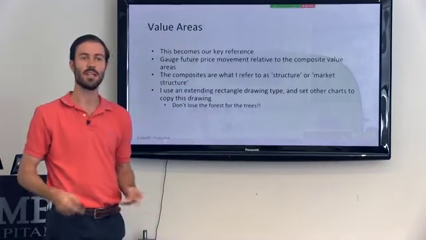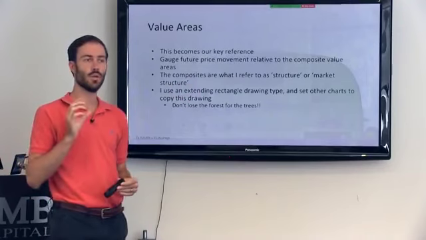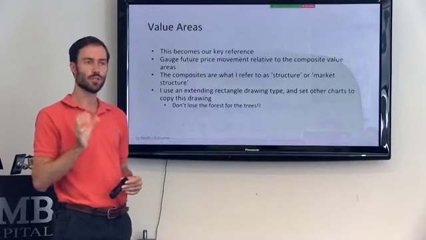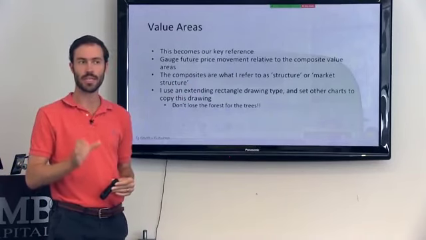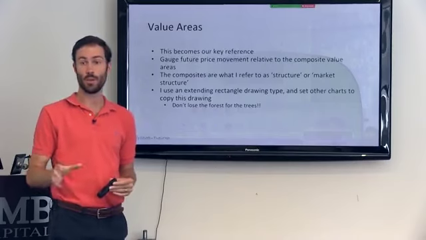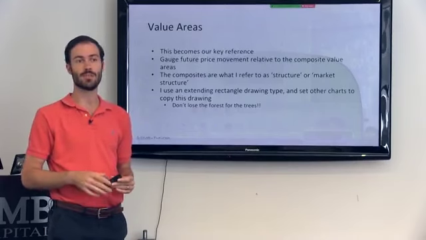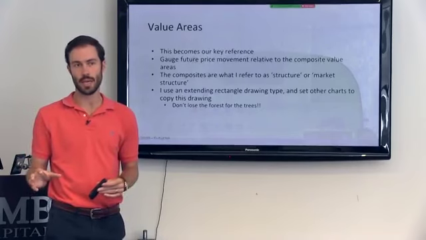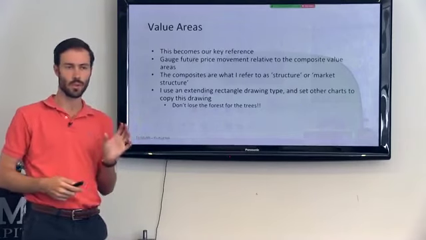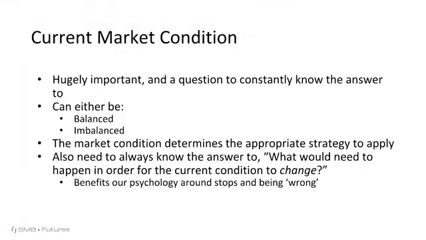Let's move on. It's very, very important that you keep structure, keep the current market condition at the forefront of your mind and allow that to guide your current decision making, no matter how short term your analysis narrows down to. Hugely important, current market condition.